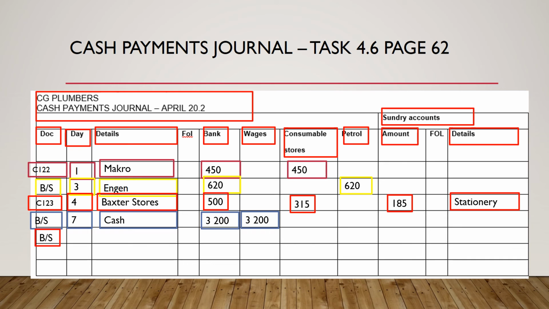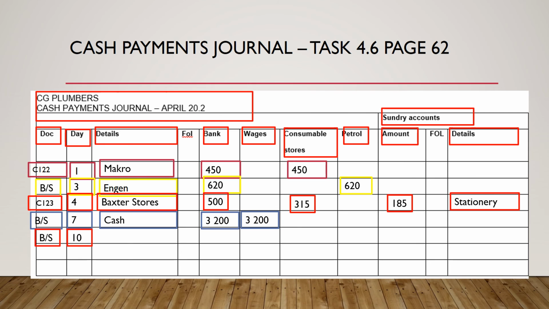On the 10th of April 2002, we have bought more petrol from Engen. It says fill the vehicles with petrol at Engen to the amount of 1,140 Rand and paid by debit card. So BS is in our source documents because we did not pay by check.